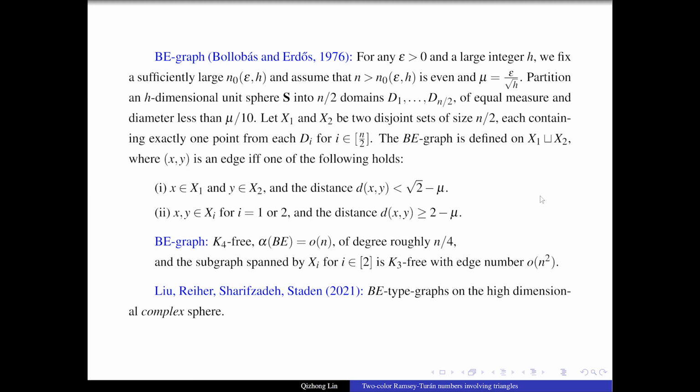One can see that Fox, Loh and Zhao, and Liu, Reiher, Sharifzadeh and Staden gave a class of Bollobás-Erdős type graphs on the high dimensional complex sphere, which can be used to give all rational densities for generalized Ramsey-Turán densities. And now we have the lower bound for the one color case as follows.